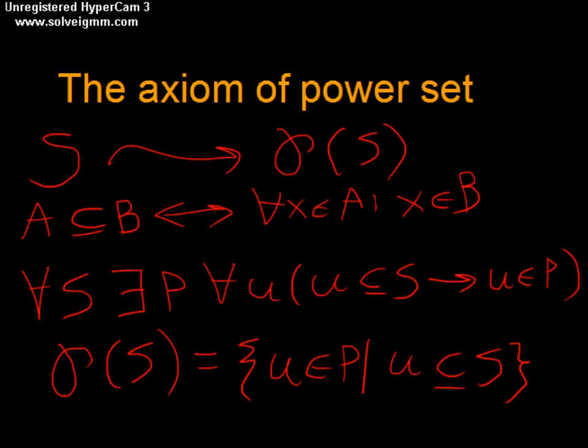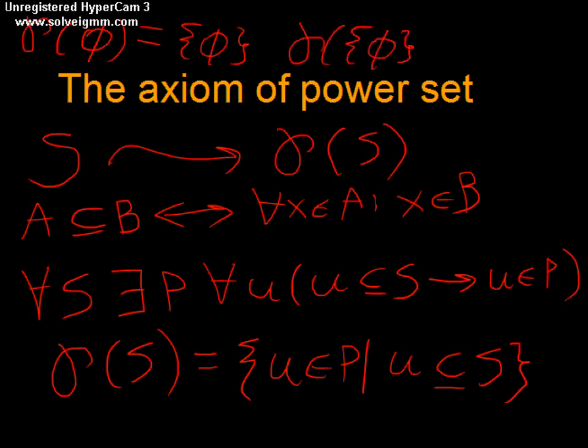For example, we can now form the power set of the empty set, and we can prove that this is exactly the singleton containing the empty set. Or we can form the power set of the singleton empty set, and we can prove that this is exactly the set which contains the empty set and the singleton empty set.